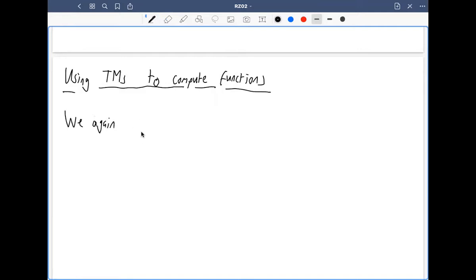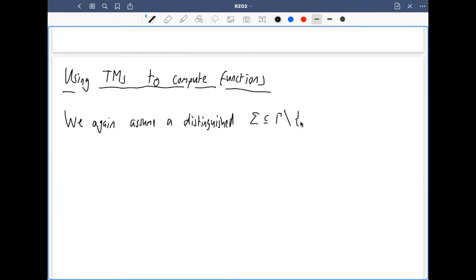Okay, so we again assume we've got some distinguished alphabet of symbols that we want this time to use both for the input and the output, because we're transforming words to words. So again, assume a distinguished subset of the tape alphabet not containing the blank symbol.